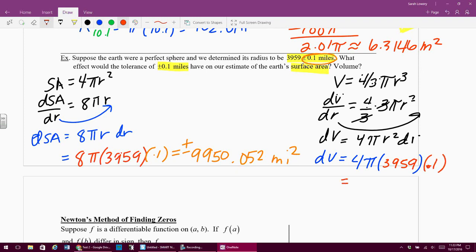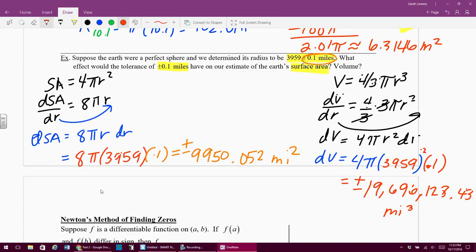And if I plug that in, and I forgot to square my radius, if I plug that in, I'm going to find that the volume of the Earth could vary by as much as 19,696.43. Sorry about that. And the units on that would be miles cubed. Okay?